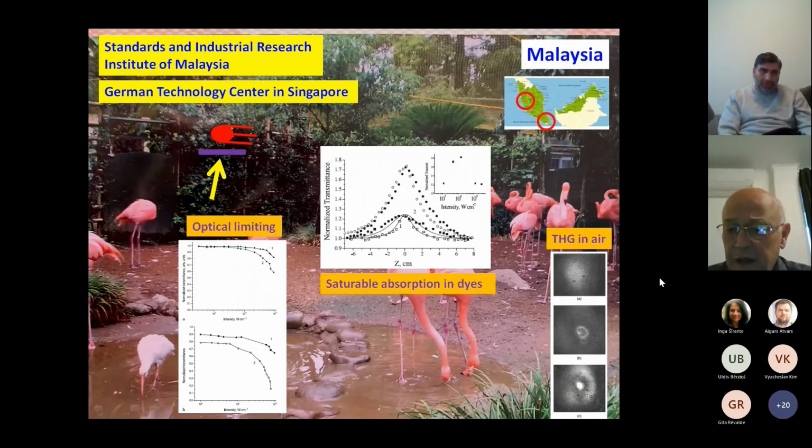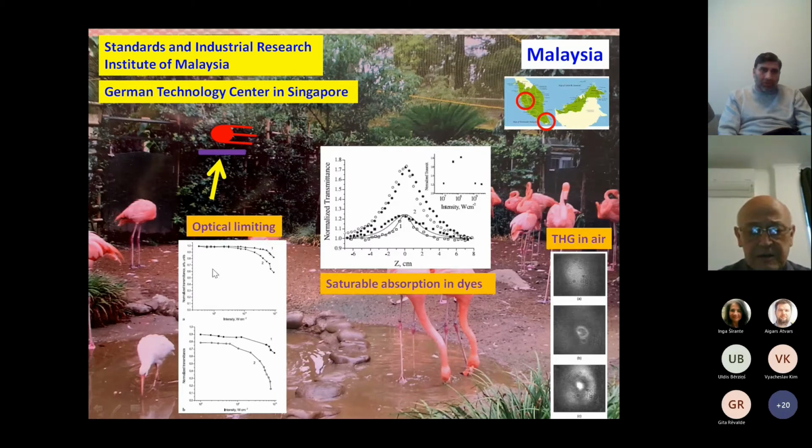Another interesting application of nonlinear optics is the creation of films which allow optical limiting. Why is it necessary and what does optical limiting mean?